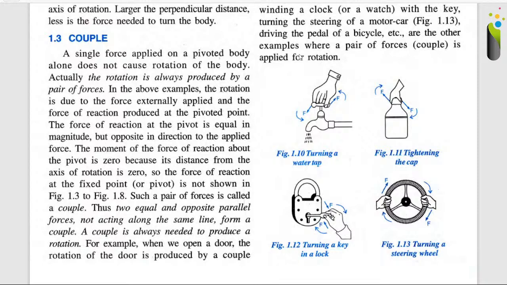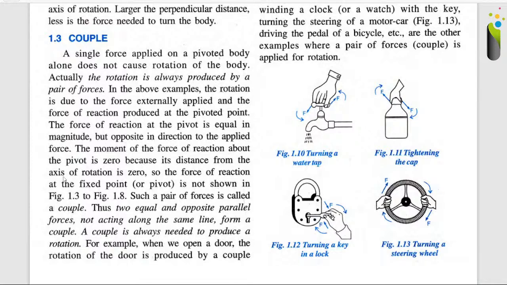In the above examples, the rotation is due to the force externally applied and the force of reaction produced at the pivoted point. The force of reaction at the pivot is equal in magnitude but opposite in direction to the applied force. The moment of the force of reaction about the pivot is zero because its distance from the axis of rotation is zero.